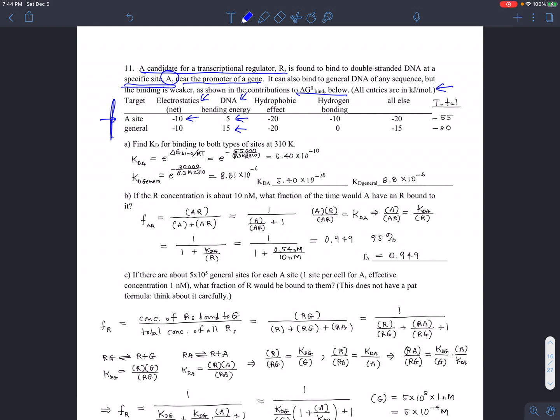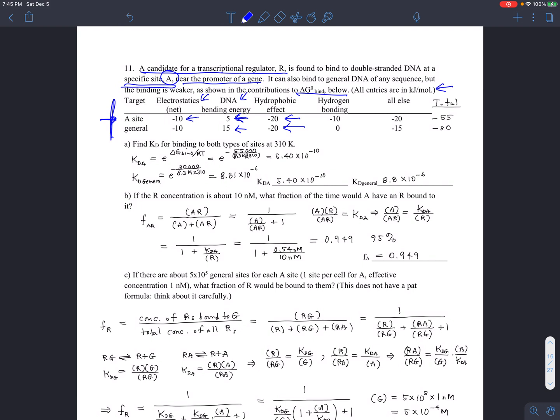In general, the DNA gets bent worse. Presumably the A site already has a bend. DNA can bend on its own depending on the sequence. Certain sequences are already bent, which would make the A site favorable for a protein that wants to bend the DNA. And then there's hydrophobic effect.